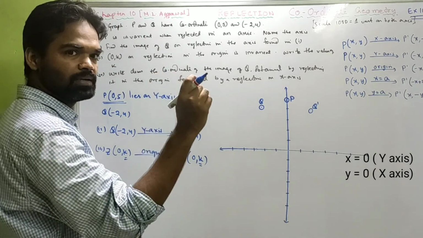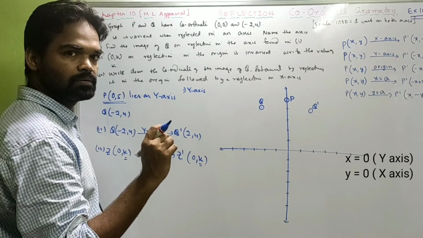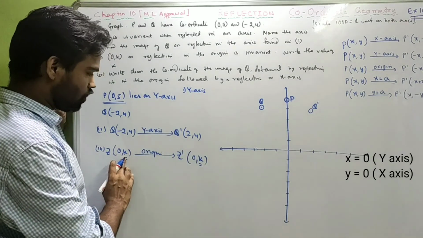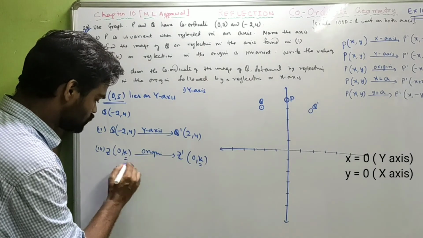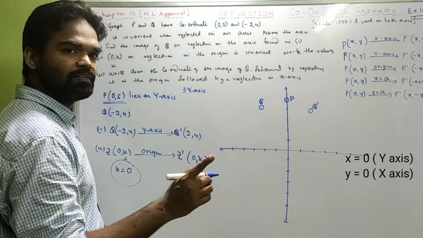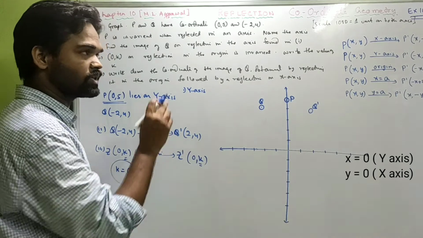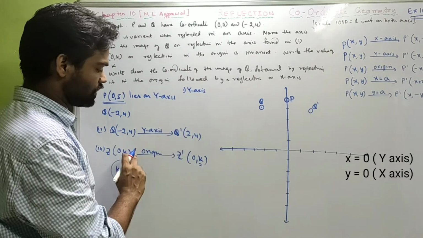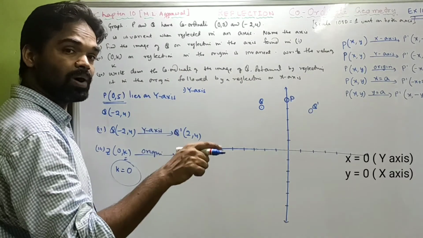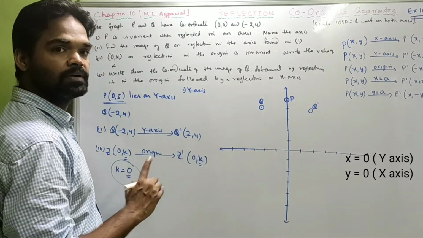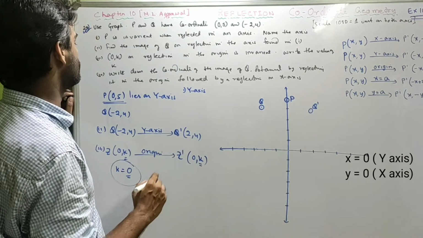So if it was A, B, it becomes -A, -B. Okay, but over here 0, k remains 0, k, which means k has to be 0. If it is another value, it will change. Suppose I take 0, 5. On reflection in origin, it becomes 0, -5. It's changing from 5 to -5. There's only one scenario in which it remains the same, which is k is 0.